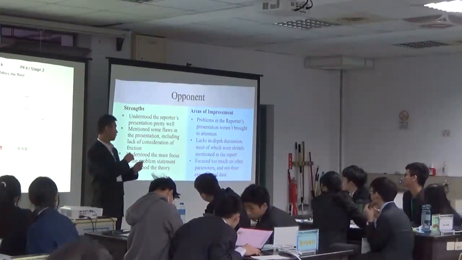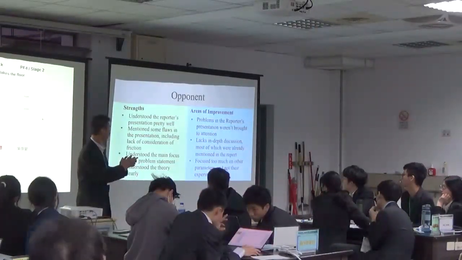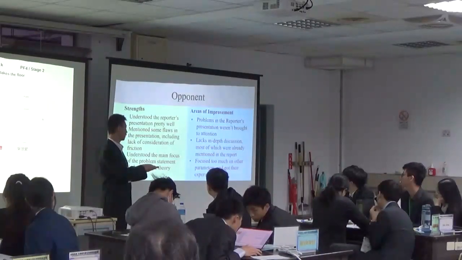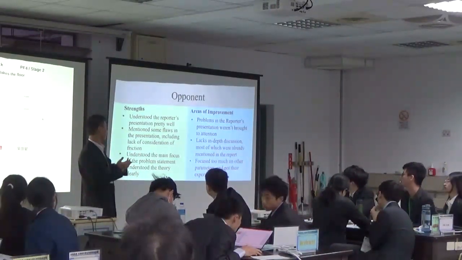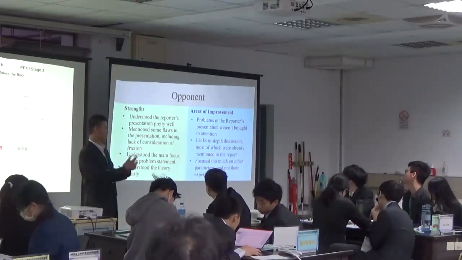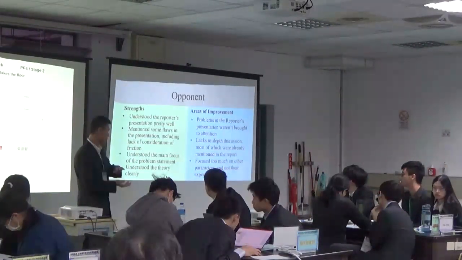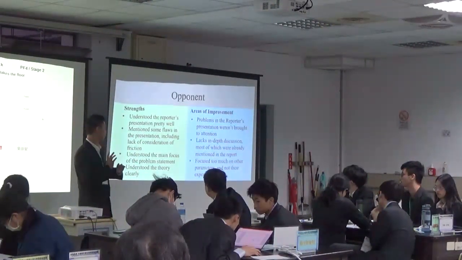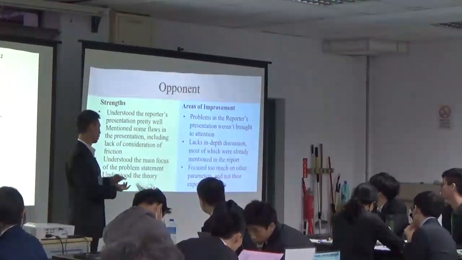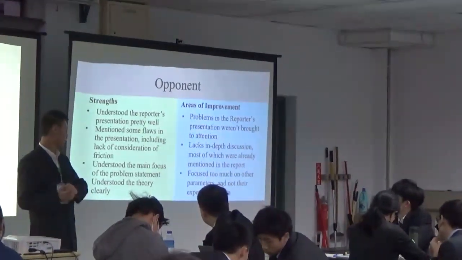However, there are still some areas of improvement where the problems in the reporter's presentation weren't brought to attention. We think that's kind of big. And he also lacks in-depth discussion, most of which they were discussing was already mentioned in the reporter's report. And the opponent also focused too much on other parameters and not their experimental data.